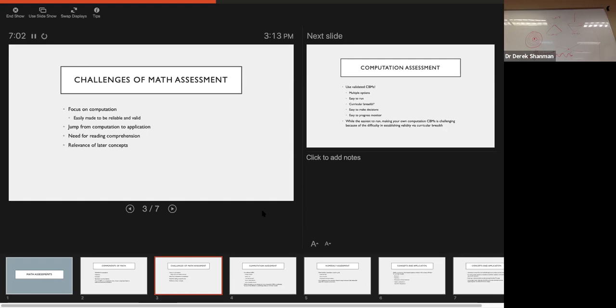The additional challenges are that there's a big jump from computation or calculation to application. Being able to solve an equation and being able to use an equation in the real world is a huge difference, right?